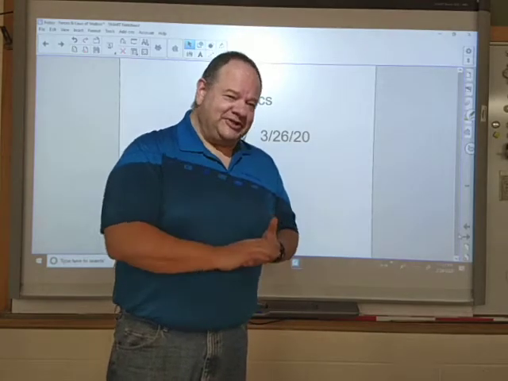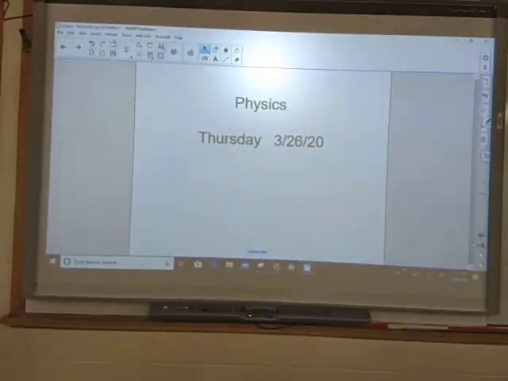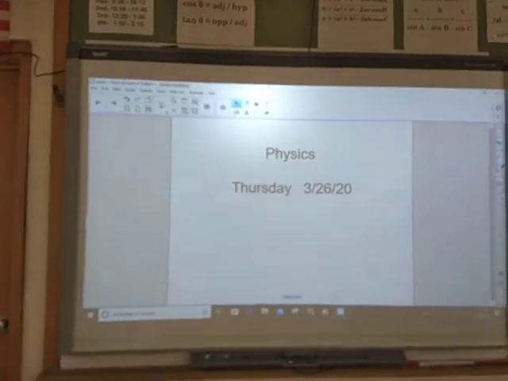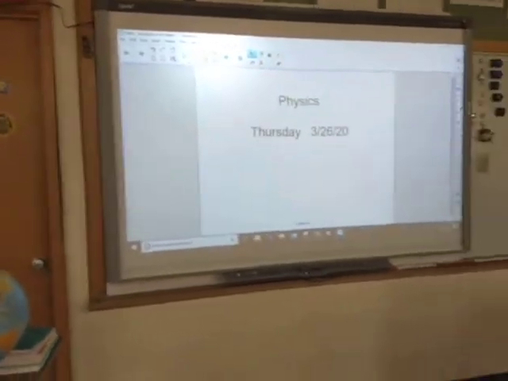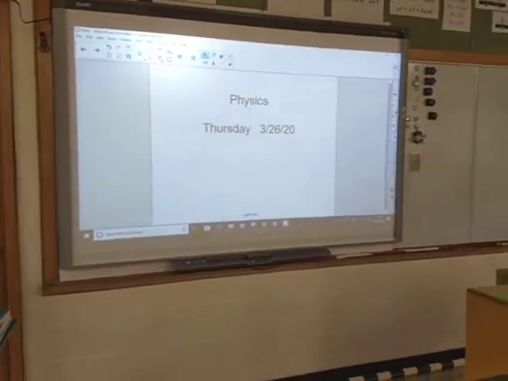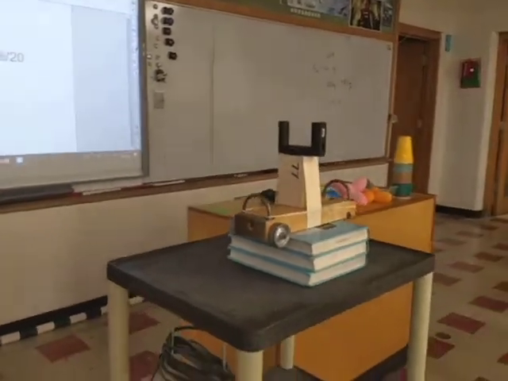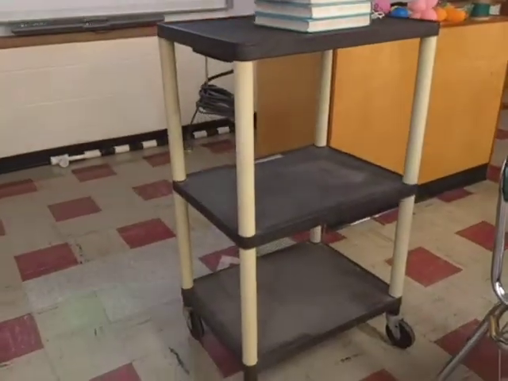I got to show you something. I took all my equipment home, which means I took my tripod and camera mount and stuff home, and I forgot to bring it back with me today. So get a load of my camera stand.